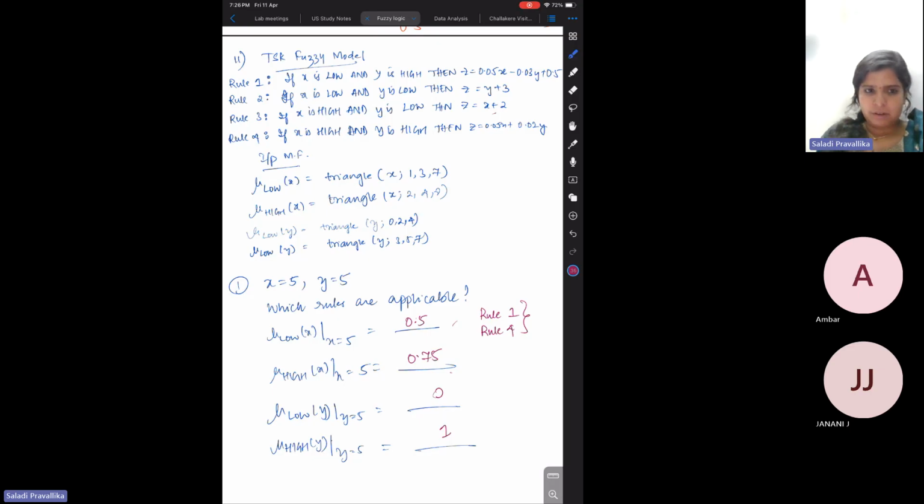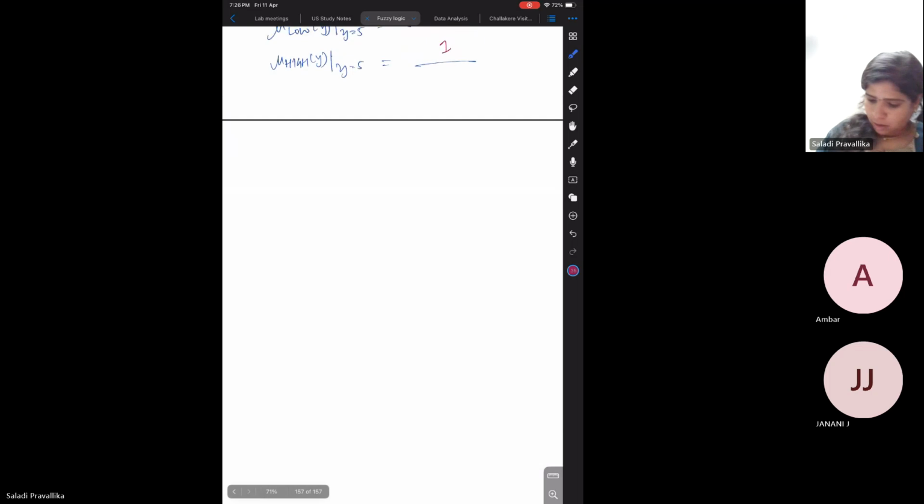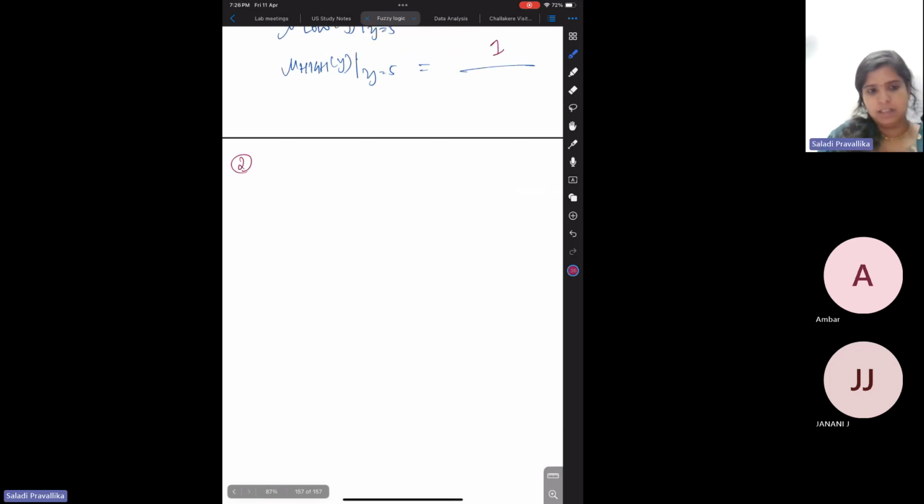Now, the second part of the question is, for whatever we have done earlier, find the firing strengths W1 and W2 using max-min composition.